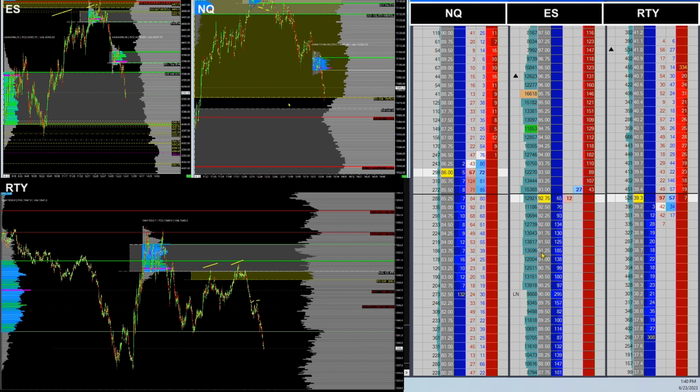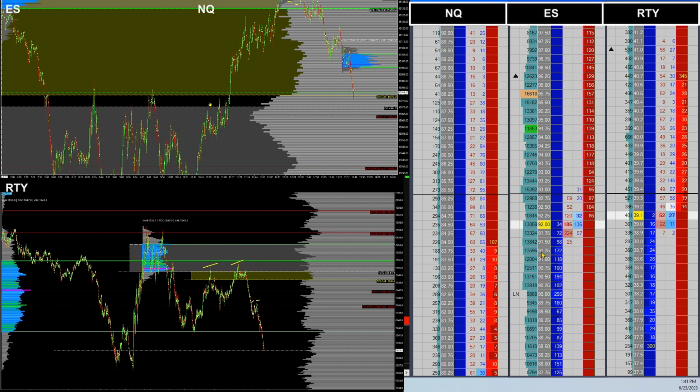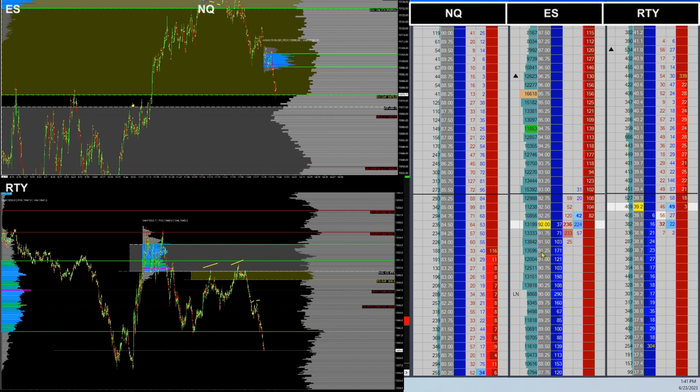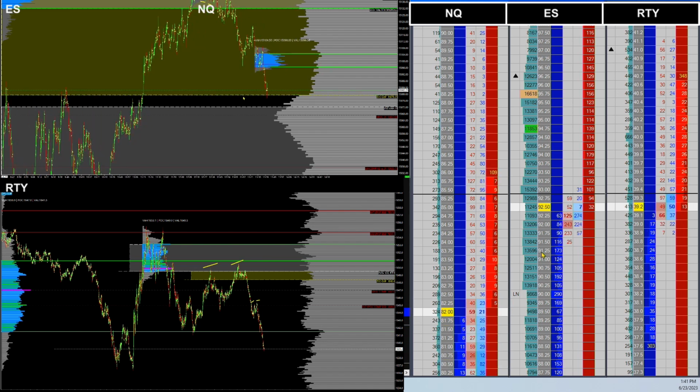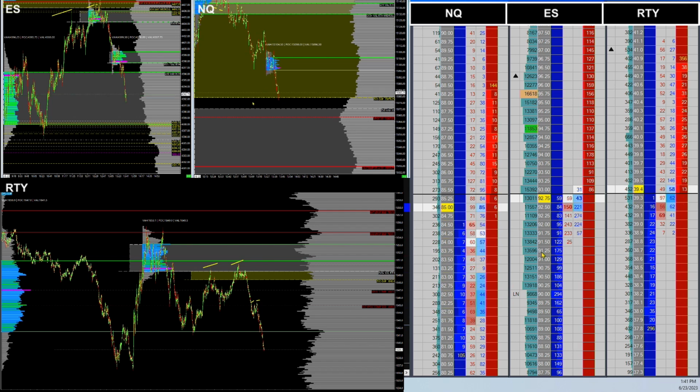At this point, I'm just not willing to catch it right now. Would love to see NQ go a little bit lower and test that white box and that red line down there.